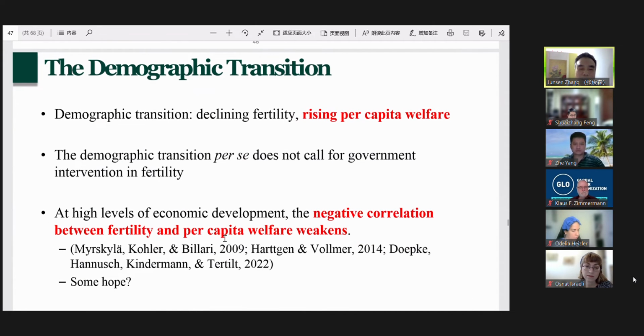Now, recently there have been some studies which show that at a higher level of economic development, the negative correlation between fertility and per capita welfare weakens. So that means some hope for intervention.